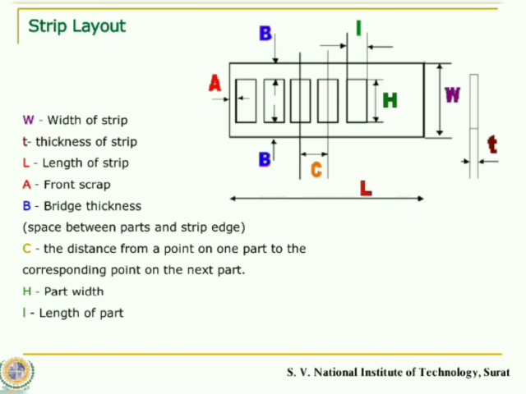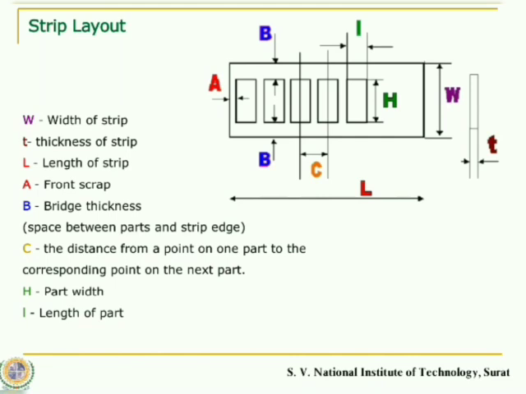If you see this image, we consider a stock strip which has a width W, thickness T, and L as the length. When we put up any blanking portion on the strip, we try to ensure that a front scrap portion, capital A, is left before the first adjustment of the blank.